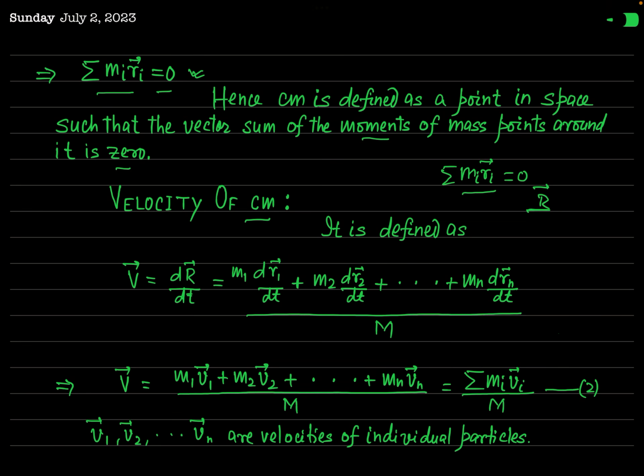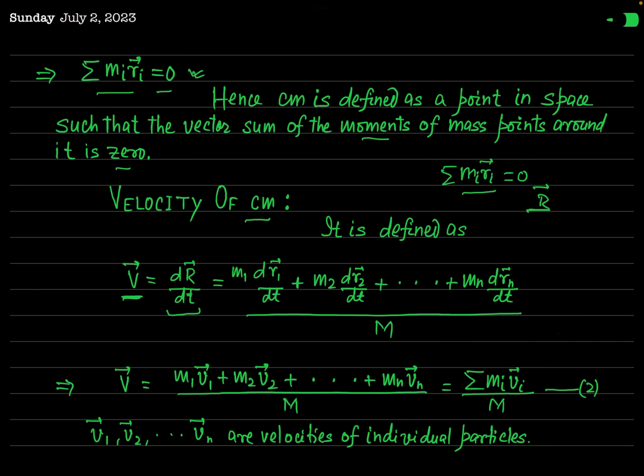So we can easily define the velocity of this center of mass. If you denote the velocity of the center of mass of the system by capital V, and since capital R is the position vector of the center of mass, the velocity of the center of mass will be simply equal to dR/dt.